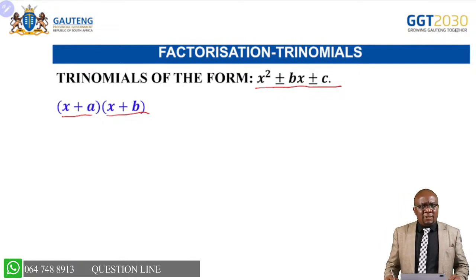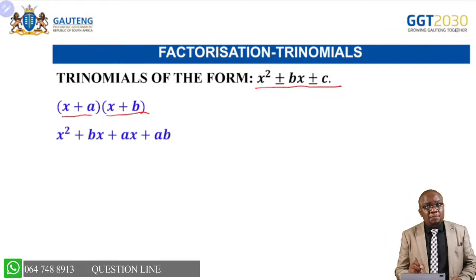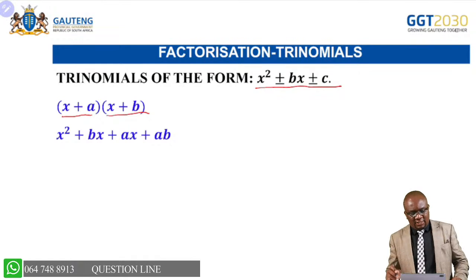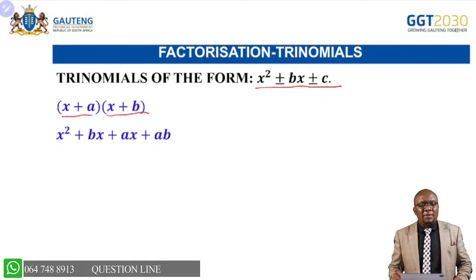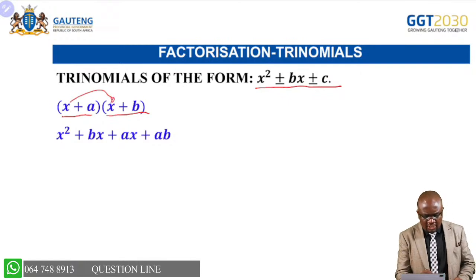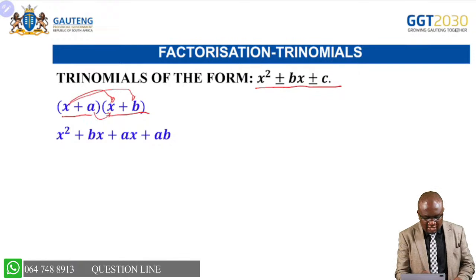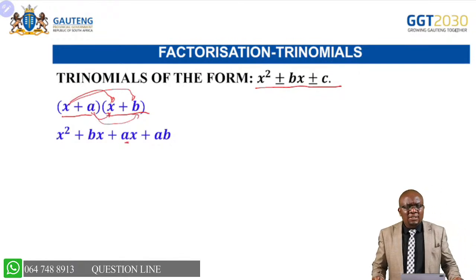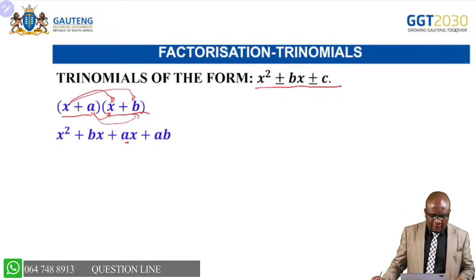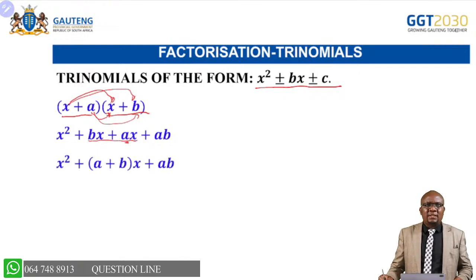Right, now, let's expand this. I want you to observe something. If you expand, like distribute the first bracket into the second bracket, you will get this. x times x, x squared. x times b, bx. a times x, ax. a times b, ab. And then we have something common here, which is x. We factor it out, like this.